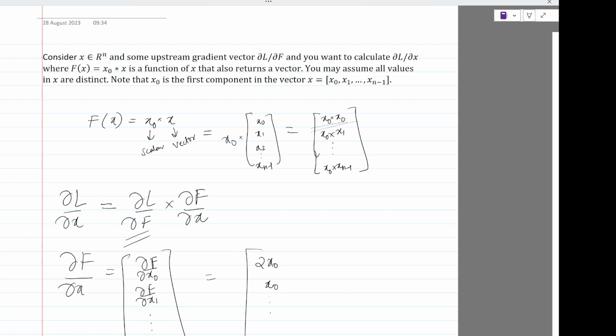Yes. Okay, I think I understood what mistake I have done. Because the output of f is not a scalar. The output of f is also a vector. Yes, yes. Okay.